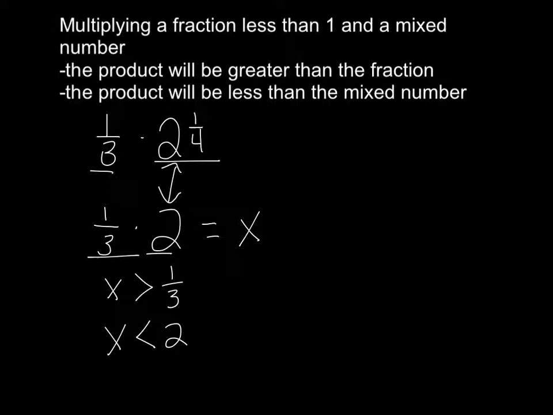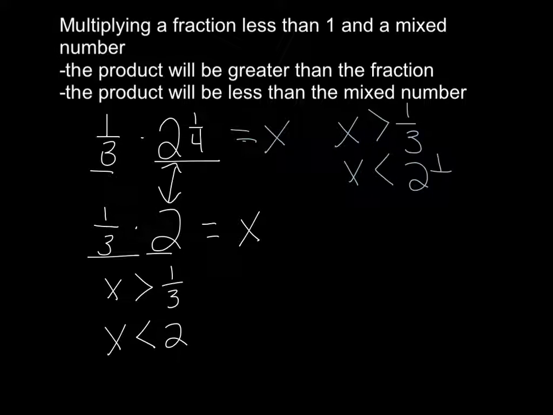So even though now, when we look at the top example again, we have a mixed number, we still know that if we were looking for x, that x is still going to be greater than 1/3, but it will be less than 2 1/4, even though it's a mixed number and not a whole number.